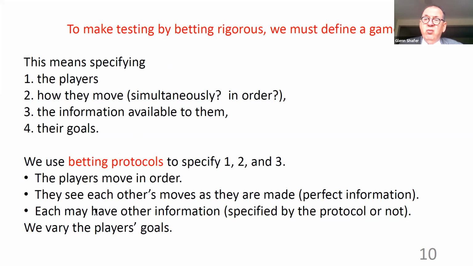And the information is what has happened so far: they have the information about each other's moves so far, and they don't know what the other players are going to do in the future. But the goals, we can use different goals with a given protocol. So in the case of a perfect information game, we partly specify the game by specifying a protocol.